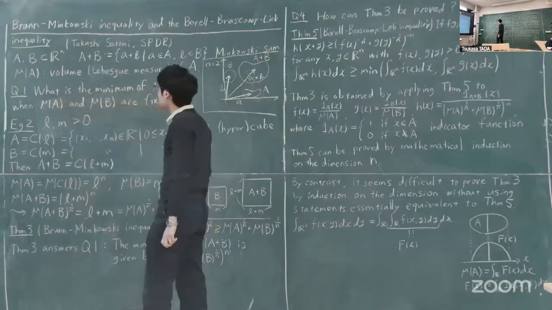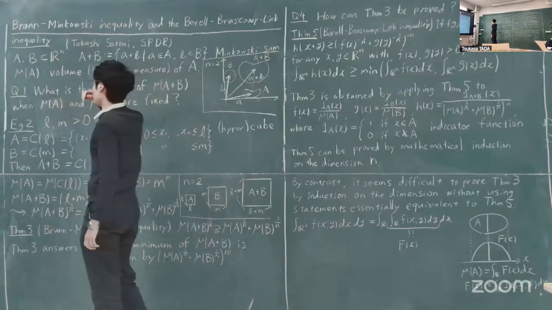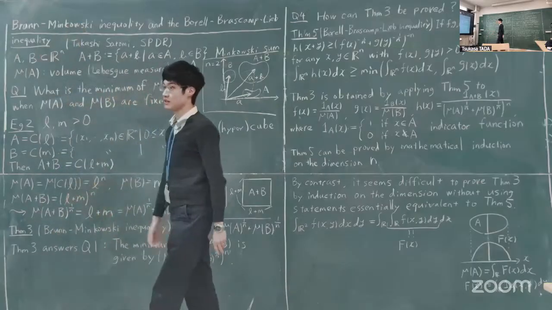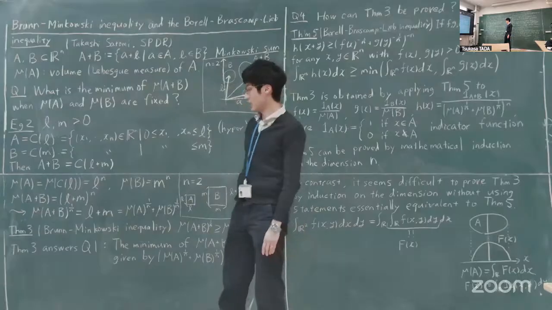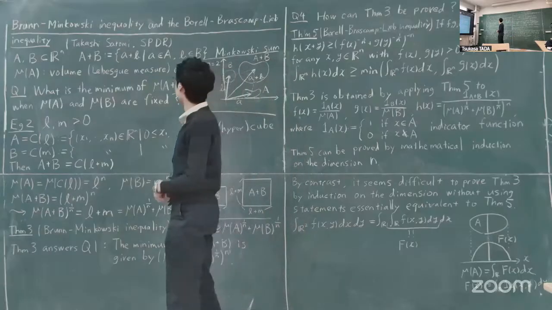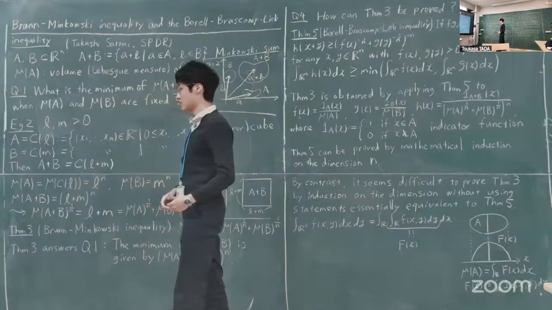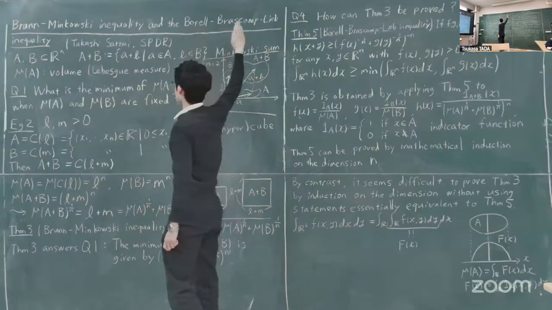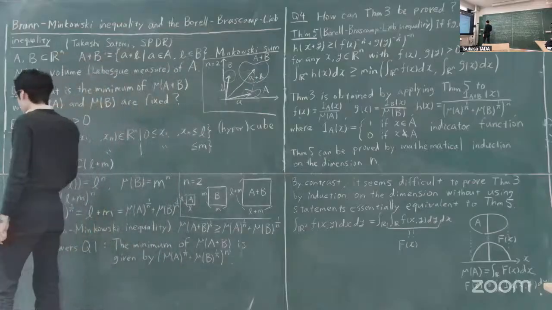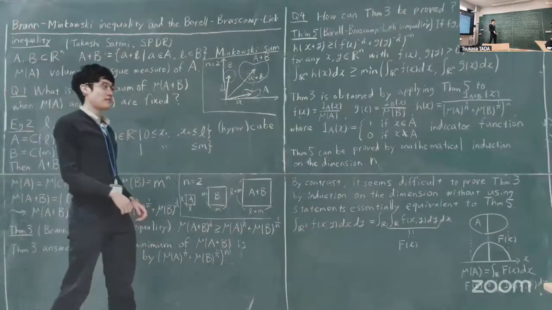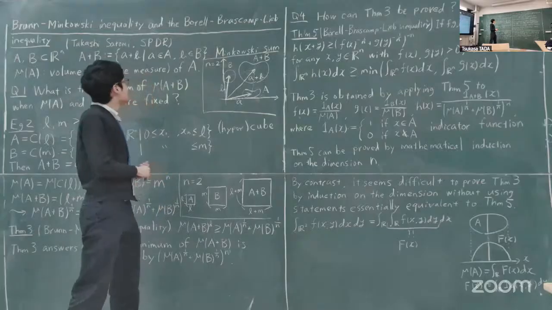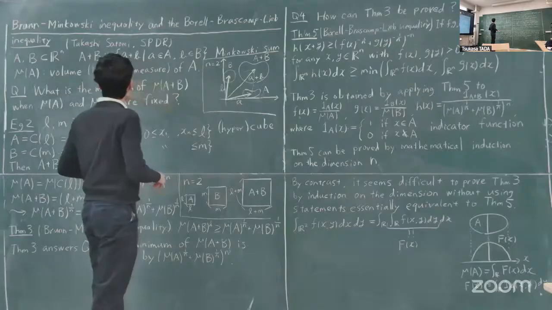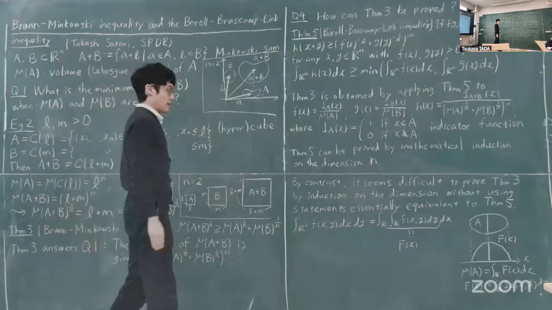By contrast, it seems difficult to prove the Brunn-Minkowski inequality by induction on the dimension without using statements essentially equivalent to the Borell-Brascamp-Lieb inequality. It seems very interesting to me. So in this talk, we will focus on these things briefly.